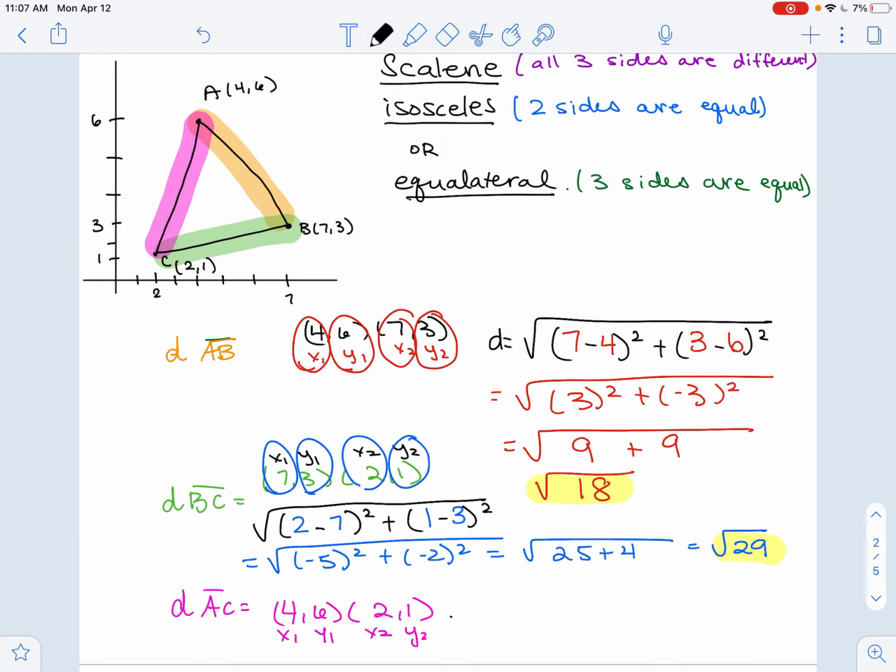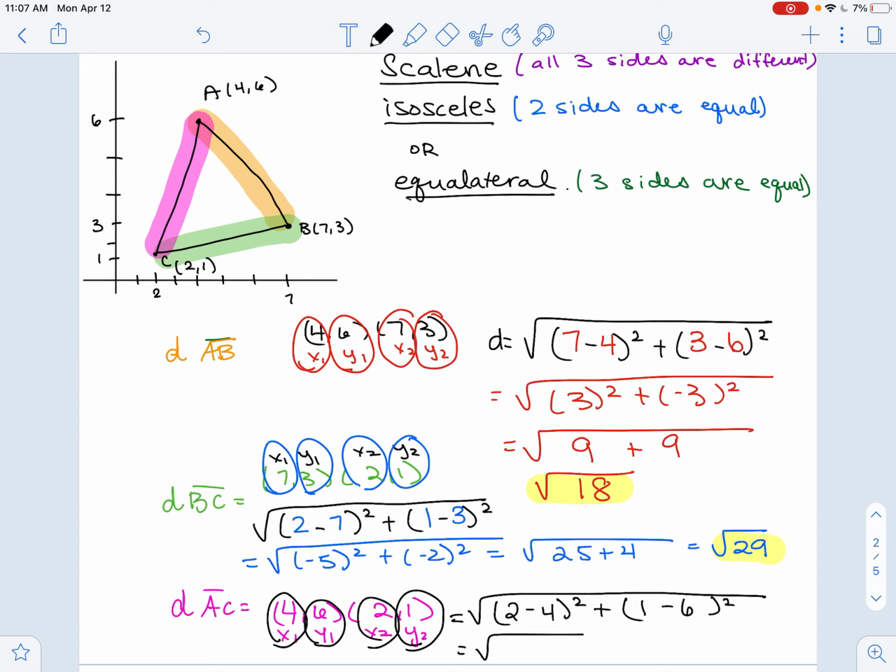Let's plug this into the distance formula. So we say, well, we're going to go quantity squared plus quantity squared, minuses in the middle, and now we can plug stuff in. X2 minus X1, Y2 minus Y1.